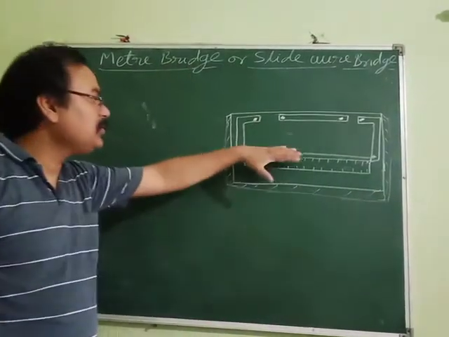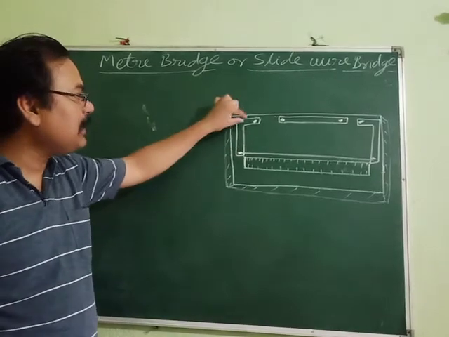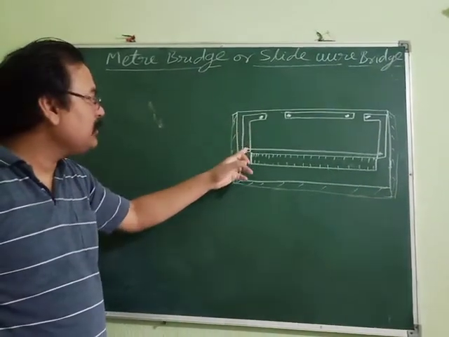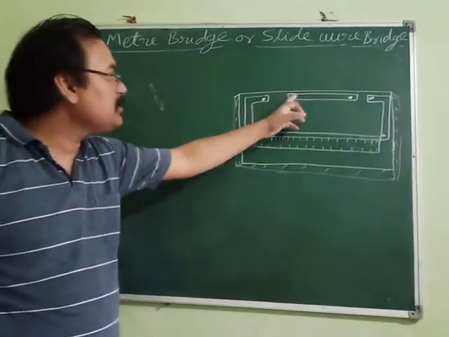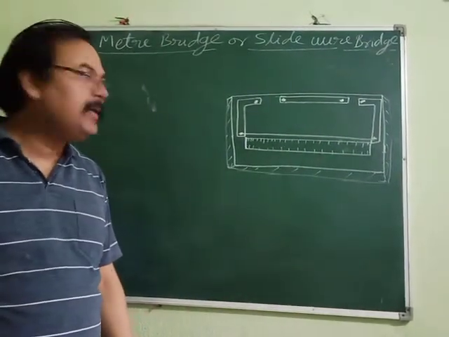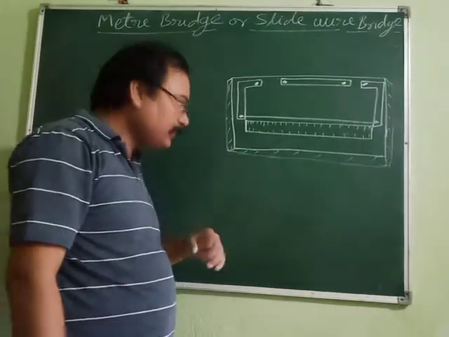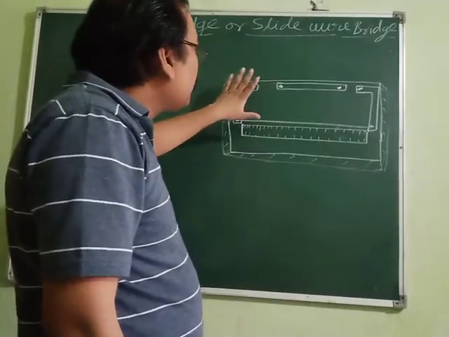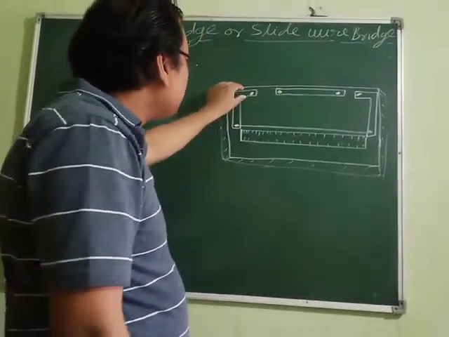On this wooden base, what is there? These are the metallic strips. This is a metallic strip, this is also a metallic strip, this is also a metallic strip. Why are these metallic strips thicker?